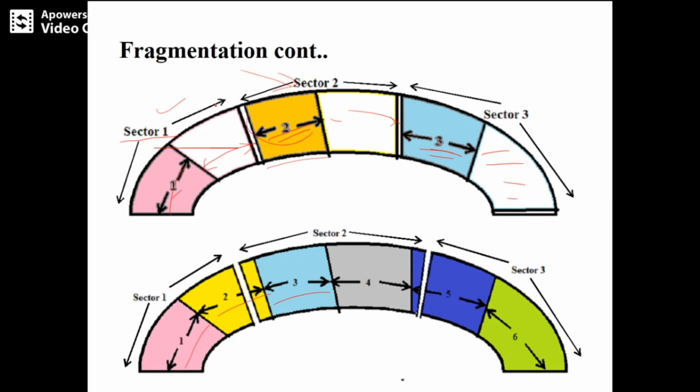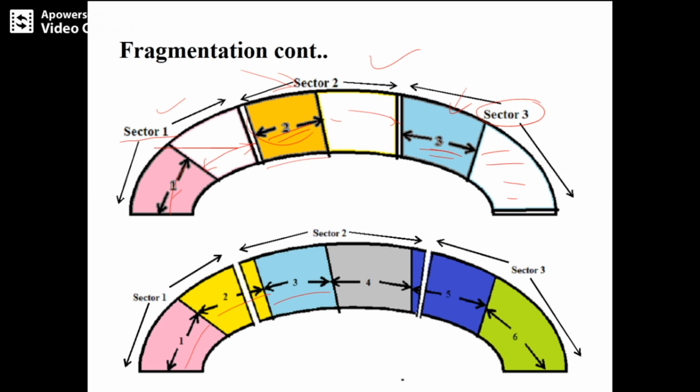If you want record 3, directly go to sector 3 and get your record, because we know that each sector has only one single record, right? So that is an advantage of that type of organization.